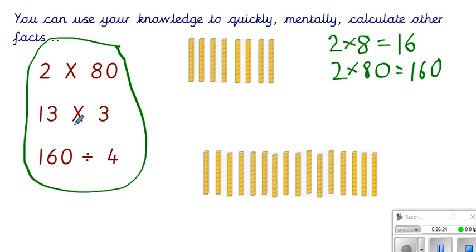So look at this second one, 13 times 3. 13 times 3 is way off my times table square, but I know what 10 times 3 is. That's as big as I can go. 10 times 3 is 30.